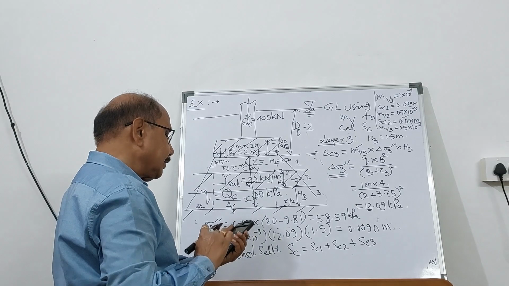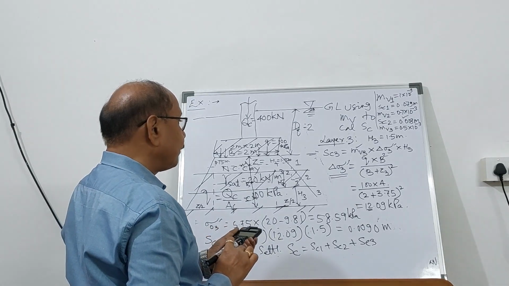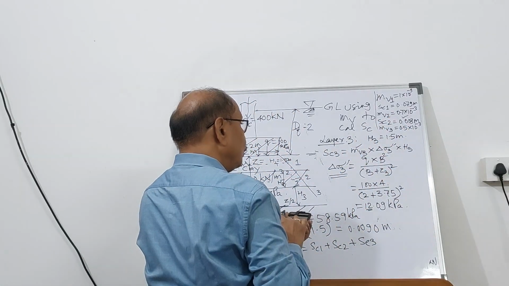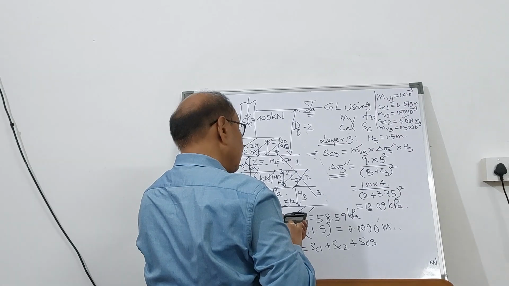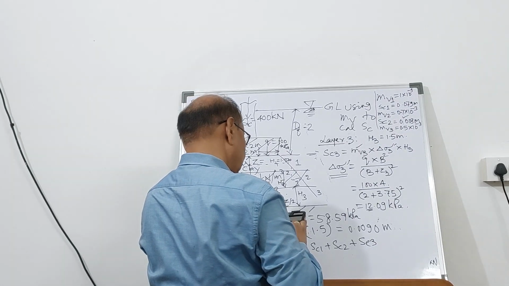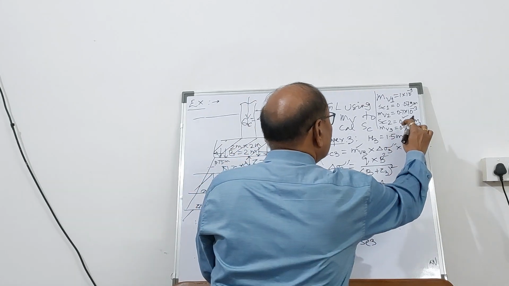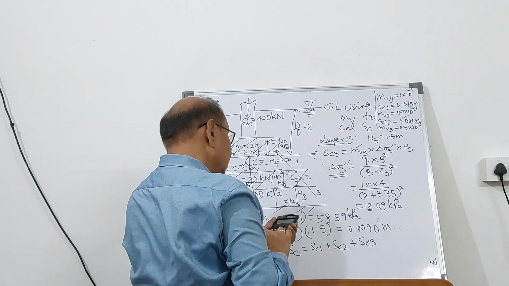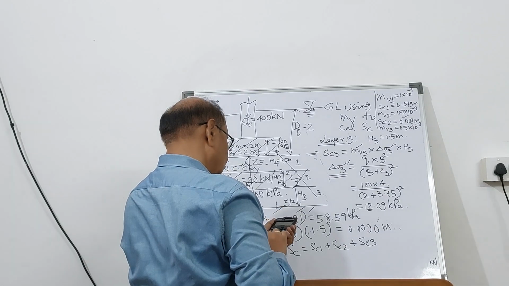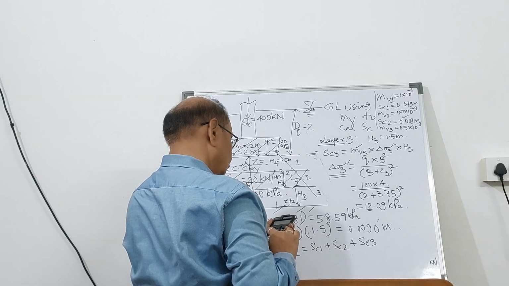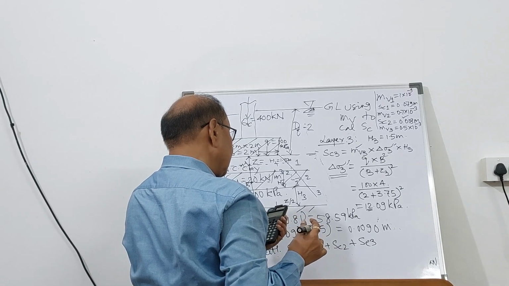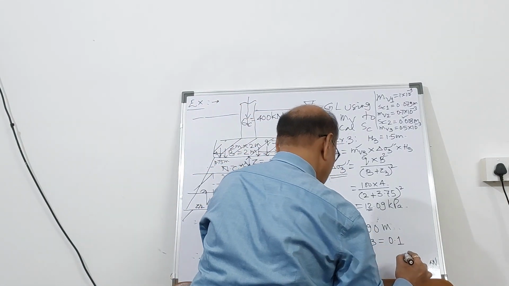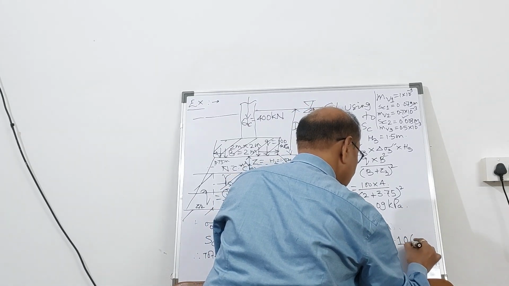Therefore, if you calculate it, 0.018, 0.079, it is 0.106 meter.